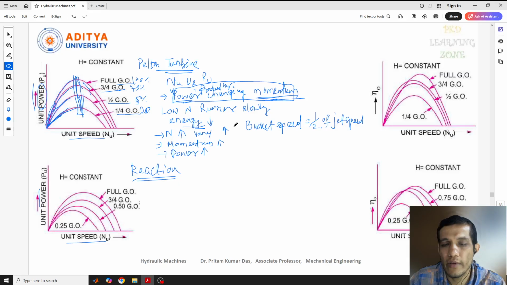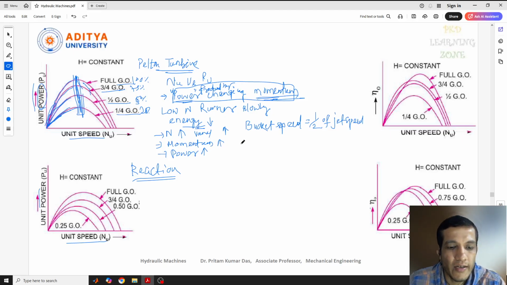This one we have already derived. So after a certain point, the bucket speed will be half of the jet speed, the energy transfer will be maximum at that point, and here we'll get the maximum efficiency also. Even in the efficiency term, I'll show you a similar kind of diagram for this also.